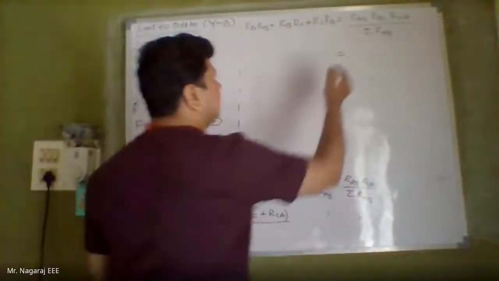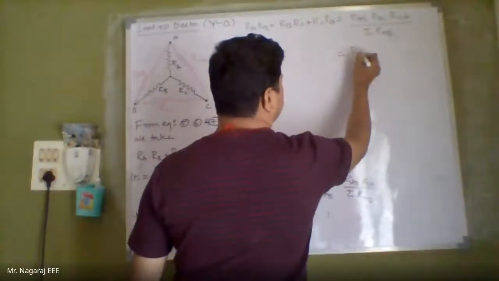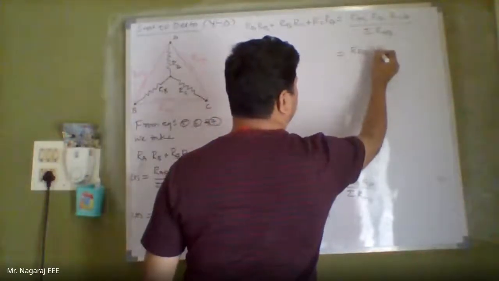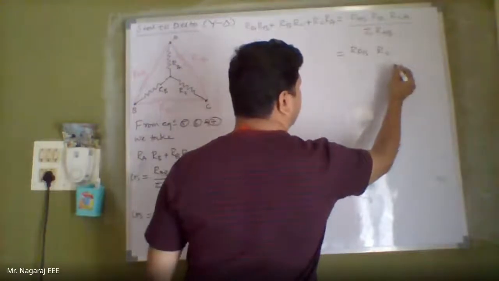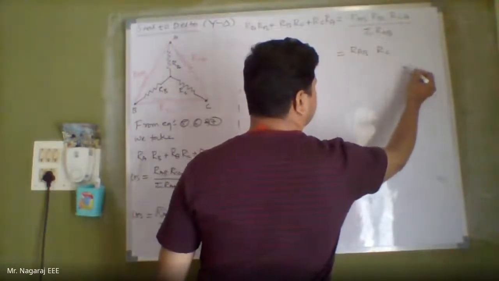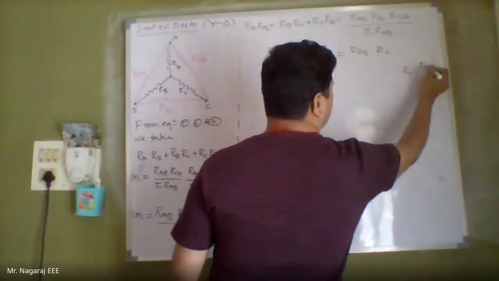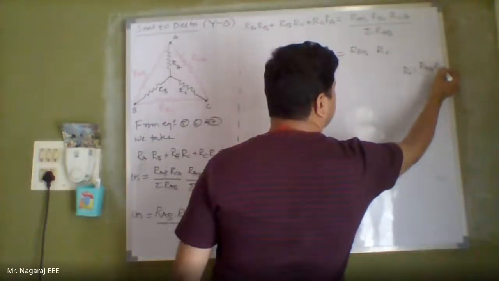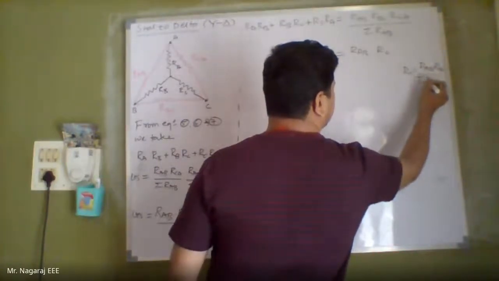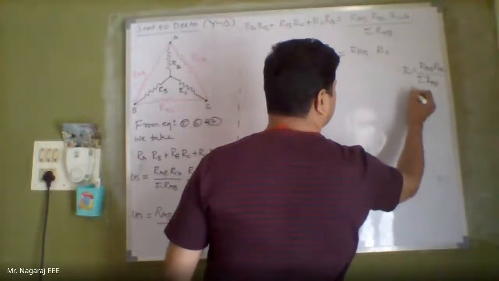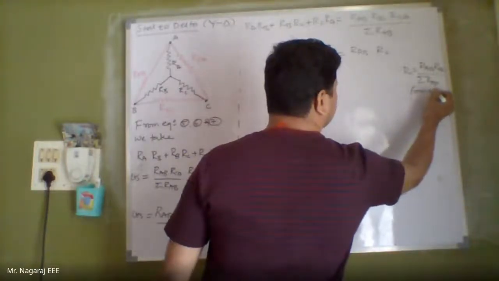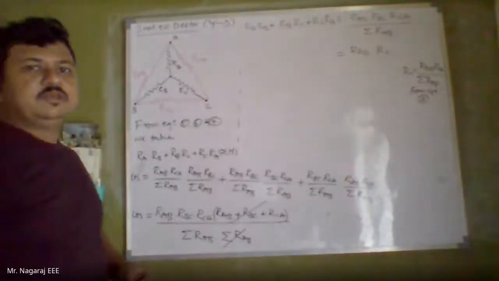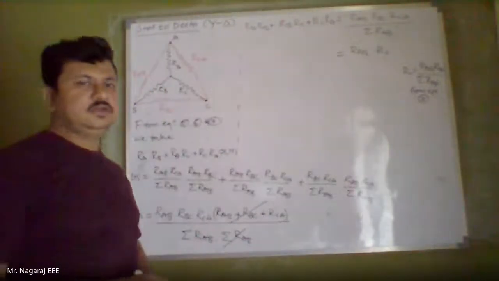So I will write this as RAB into RC. You can write this because RC is equal to RAB, RBC divided by summation RAB from equation 7. From equation 7, that is true.